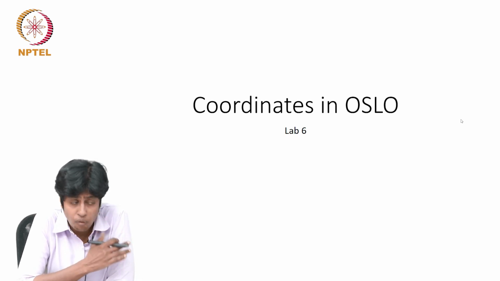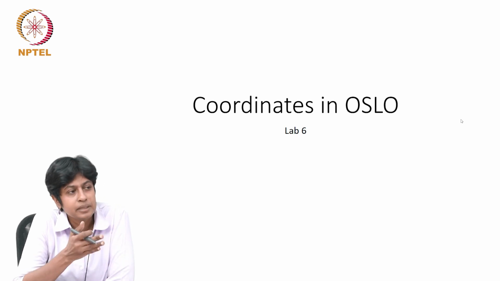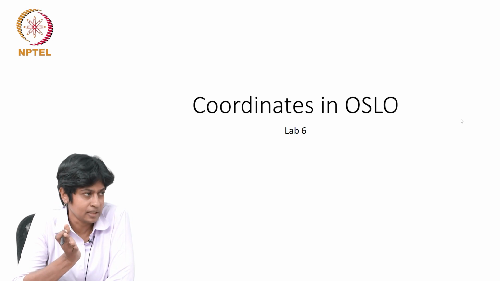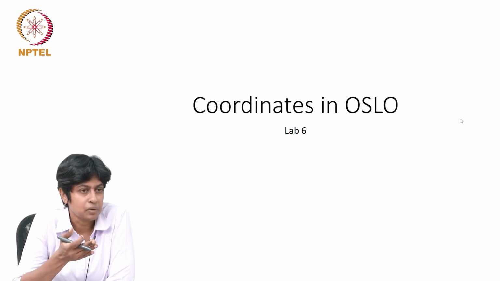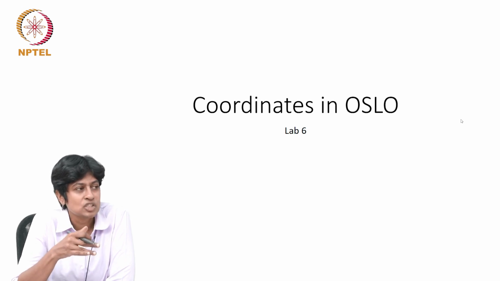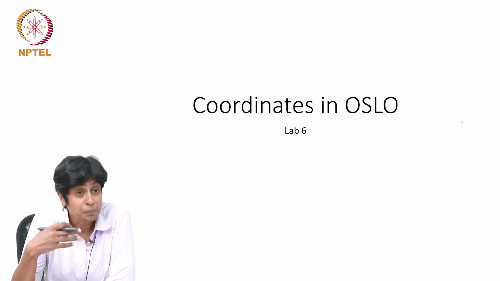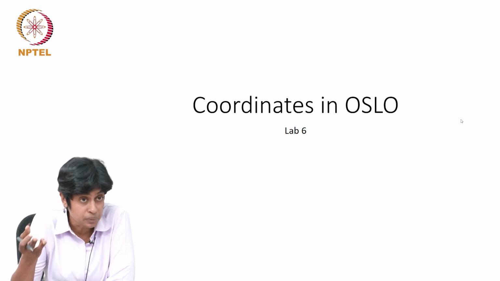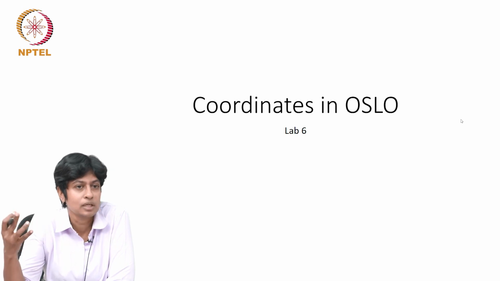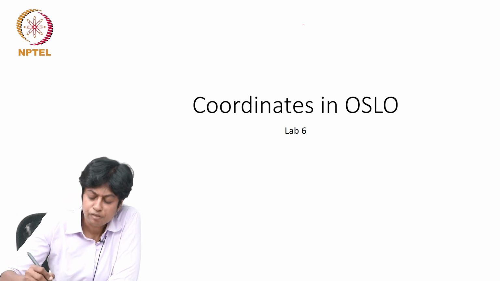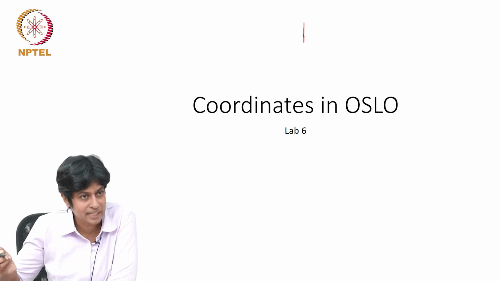Now, up till now, all the exercises that you have done had every element placed along the optical axis, right? And the only coordinate you worried about was what is the distance of the next element from this element. So what you might not have realized is that you were in fact using some kind of local coordinate system, because if you had an element here, you gave the thickness to the next surface.